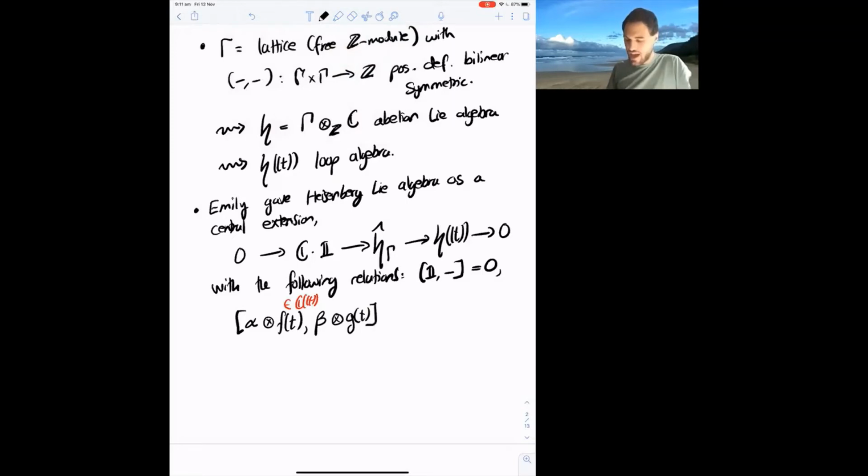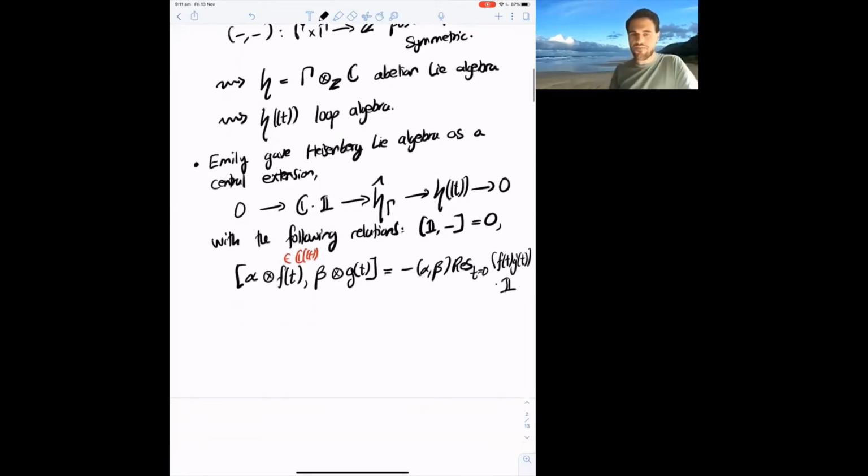And the way that we calculate this is you have to look at residues. First of all, for the lattice elements, we take the negative of the bilinear form of alpha and beta, and then you take the residue at t equals 0 of f of t times g prime of t, multiplied by boldface 1. So what is this residue?